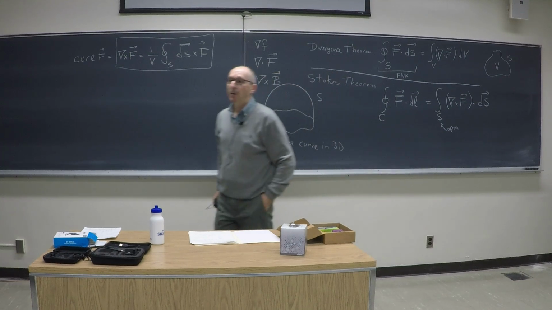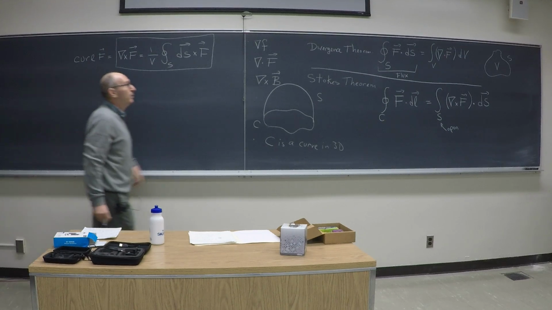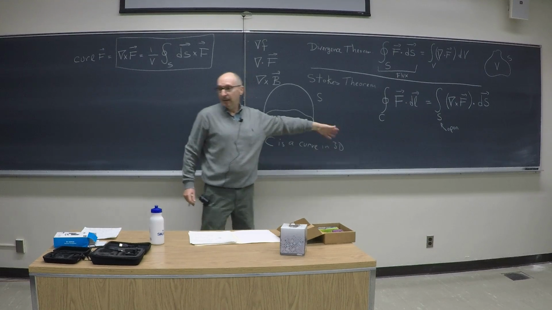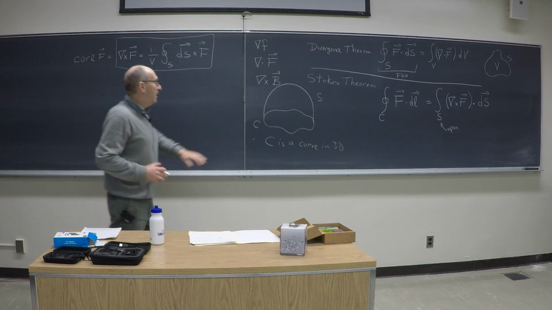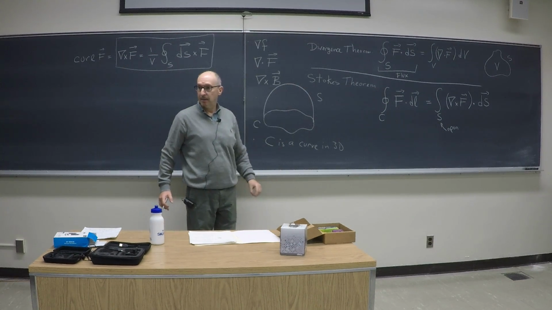The hint is the following. It's just to simplify a little bit. If you remember the way we proved the divergence theorem, we can follow similar arguments here. The details are different, but the idea is the same. So what you do is you take this surface S and divide it in pixels.